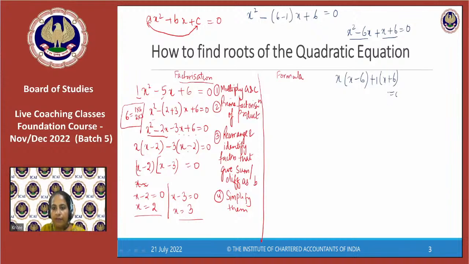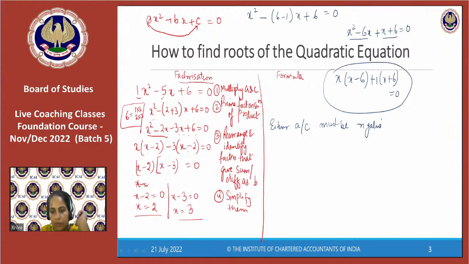So when I do not have anything in common here, I cannot proceed with my solution. What I mean to say is either A or C, either of them must be negative, or both factors must be negative.